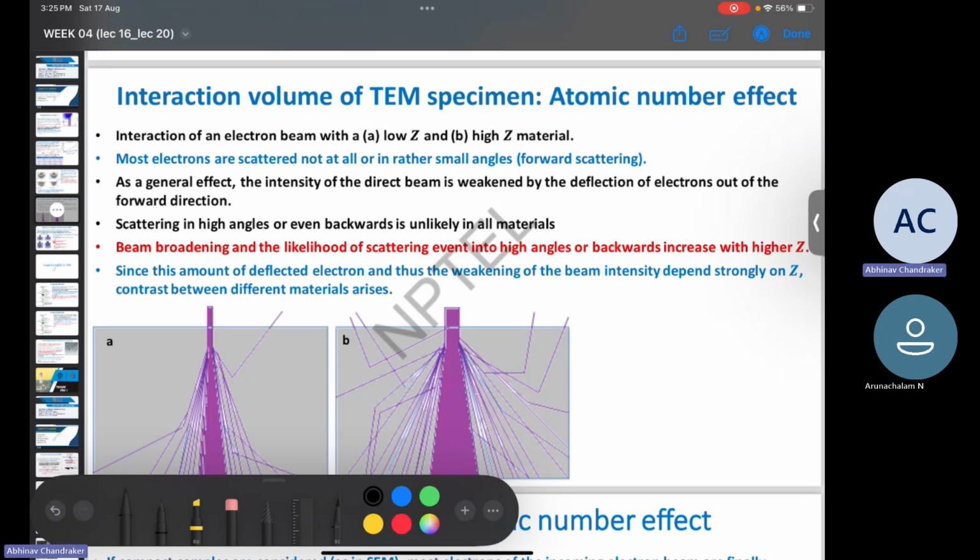Last time we had talked about mean free path and interaction cross section area. So using those terms also we can understand that if the atomic number is higher, then the electron will be more likely to get scattered by the atom, because the interaction cross section will be higher, and the mean free path as a result will be lower. So it is much more likely that after one scattering event, the electron will again get scattered by another atom that it will encounter.